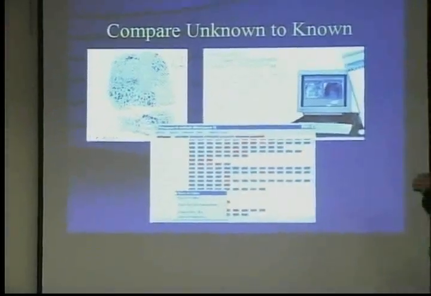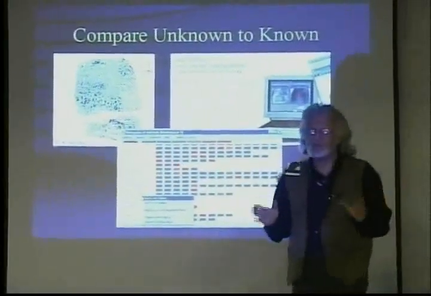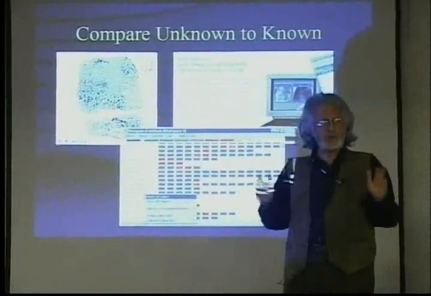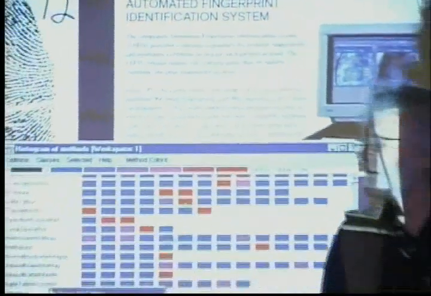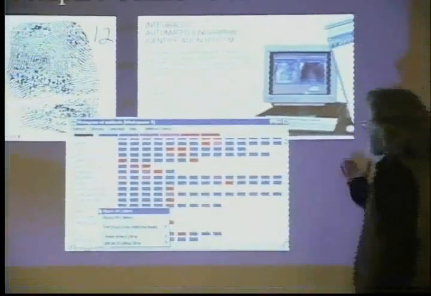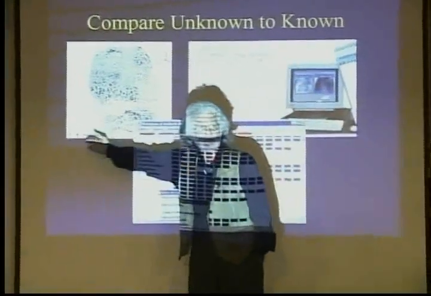The process that we decided to develop was to build a database of knowns based on data and test the unknown and compare the data and see if we get a match. If we get a match, it's a known. If we don't get a match, it's an unknown. For example, fingerprint databases.